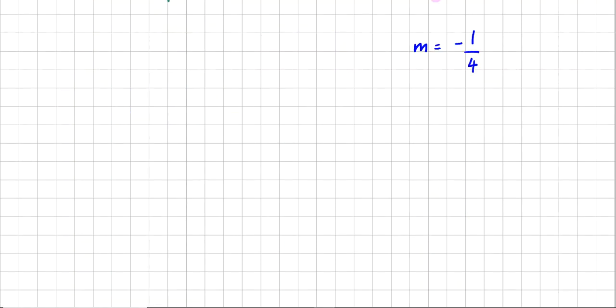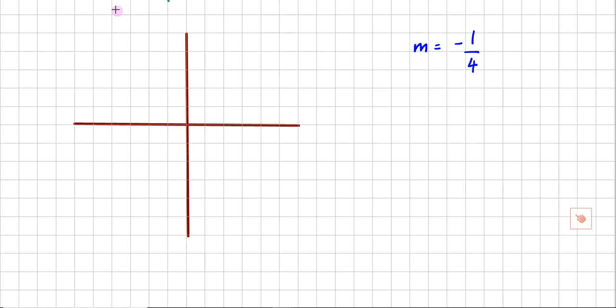Right, so we want to do a gradient of a quarter. Those of you that did manage to give it a go, great. Those of you that didn't know where to start, you need to follow this through then.